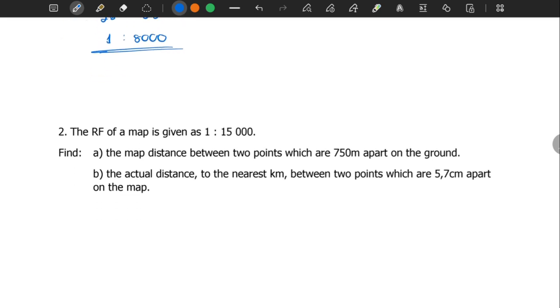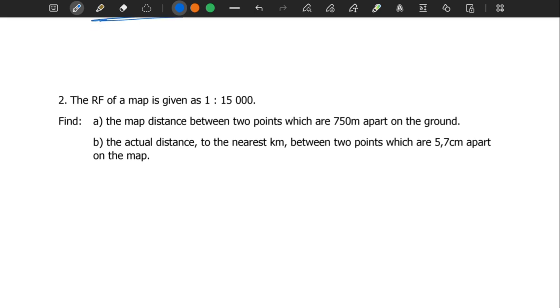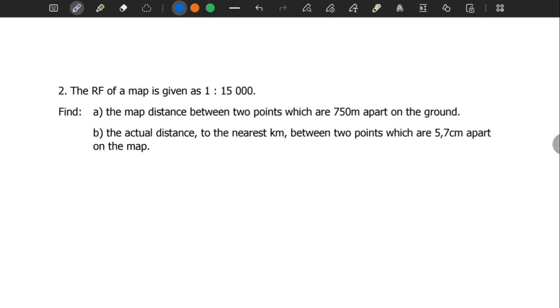And then this question says that the RF of a map is given as 1:15,000. Find the map distance between 2 points which are 750 meters apart on the ground. So we know that for every 1 centimeter on the map, it's 15,000 on the ground, right?